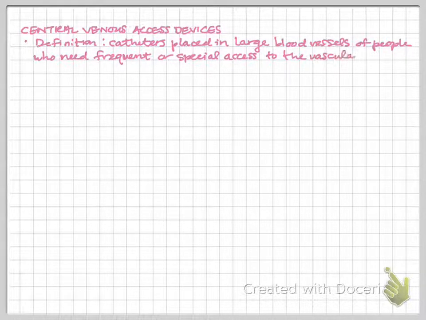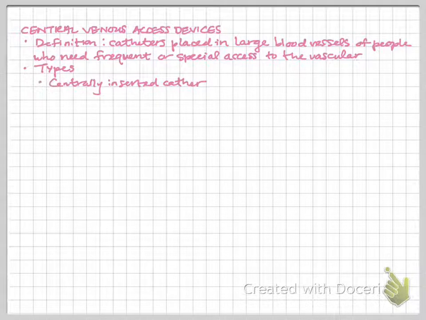It's very invasive. There are different types. So we could have centrally inserted catheters, which we'll talk about.